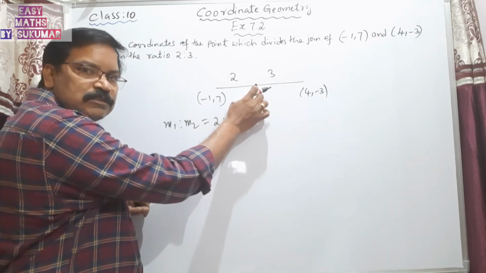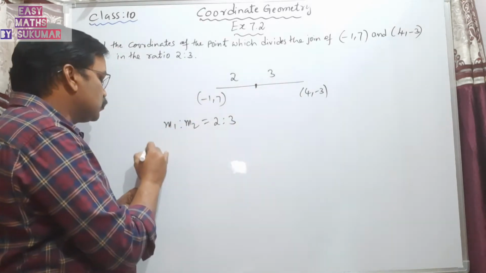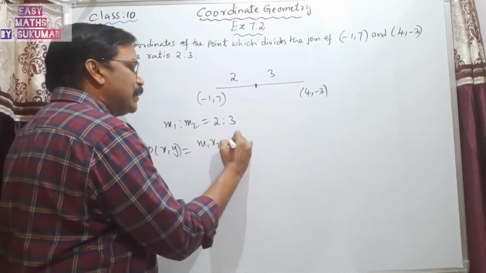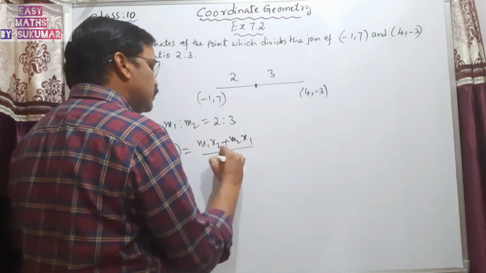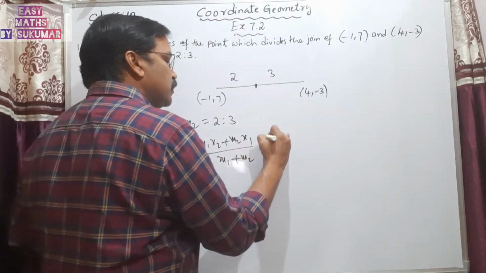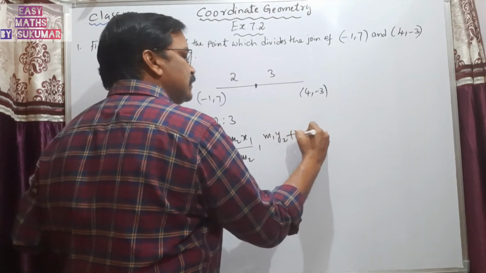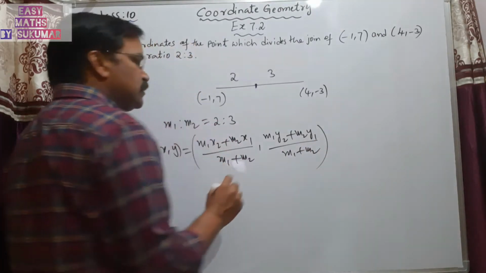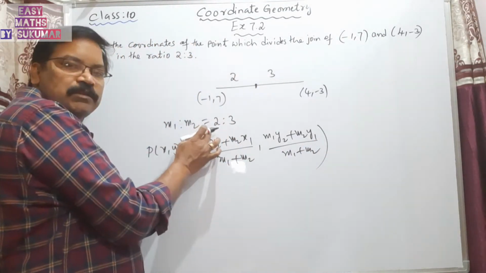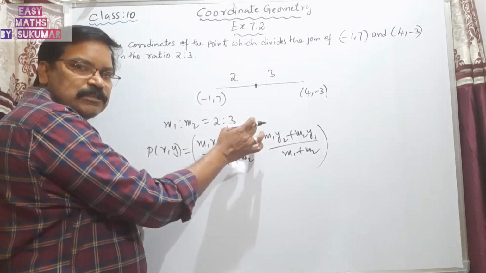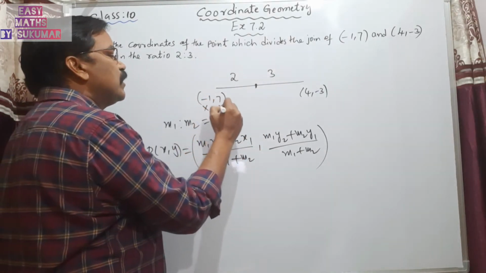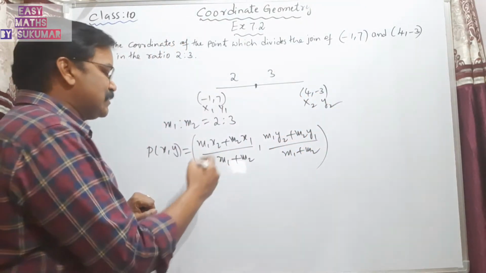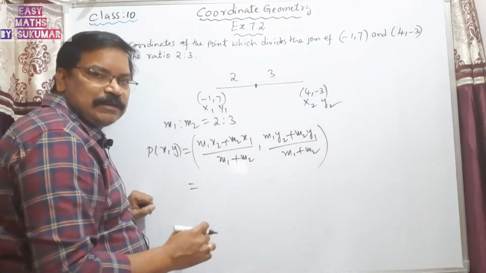To find the coordinates of this point P, Px comma y is equal to (m1 x2 plus m2 x1) by (m1 plus m2), comma (m1 y2 plus m2 y1) by (m1 plus m2). Here m1, m2 are 2 and 3 respectively, this is x1 and y1, and this is x2 and y2. Let us substitute to find the coordinates of this point.